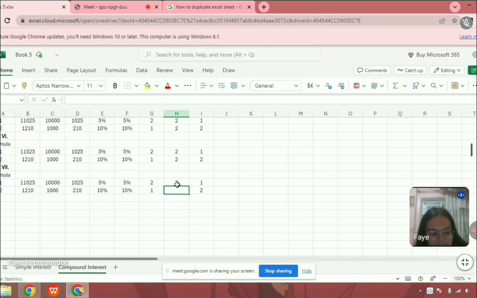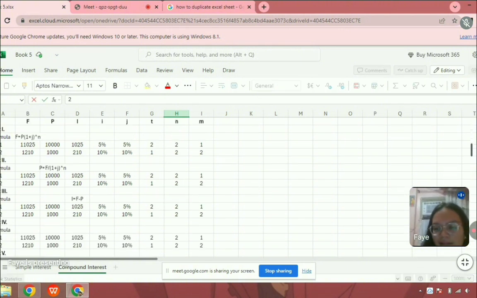And last part, we have log of 1 plus our j. Our j is 10%, 1,210 over 1,000 is 2. So I finish the Excel.